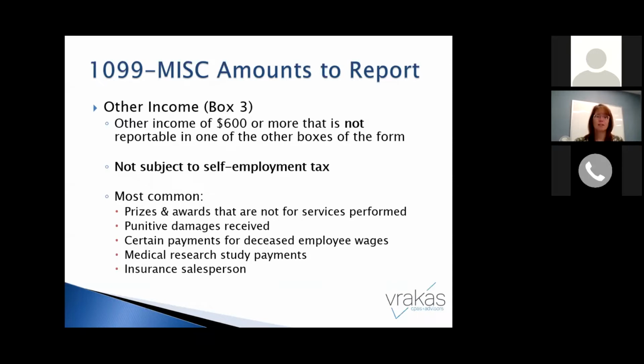But the items that typically go into box 3 are your prizes and awards, punitive damages, insurance for salesperson. These are types of items that go into this box.